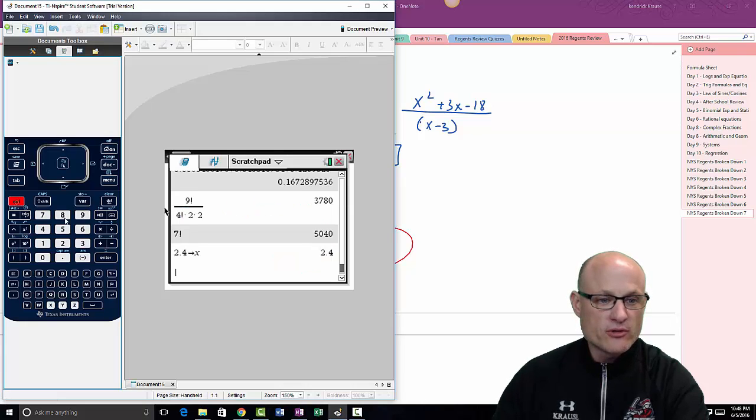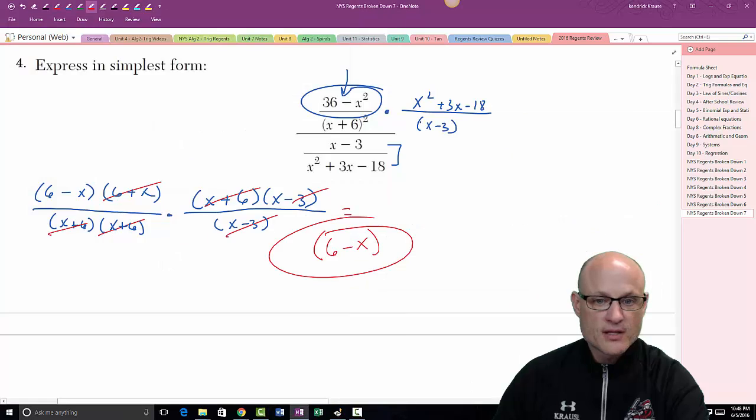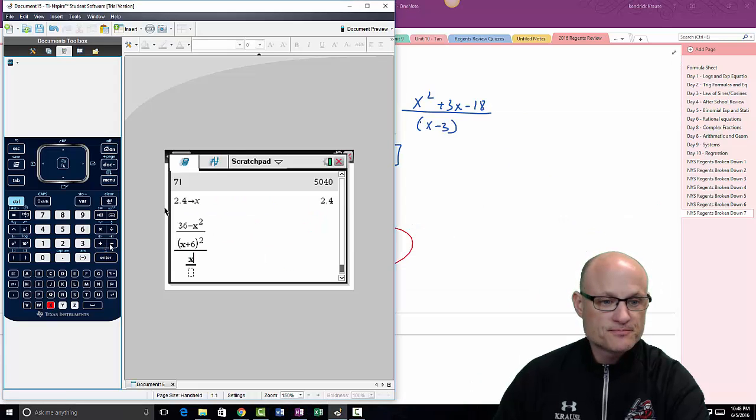So I'll do this, control division, and then control division, and we had 36 minus x squared all over x plus 6 squared, all over control division, x minus 3 all over x squared plus 3x minus 18.